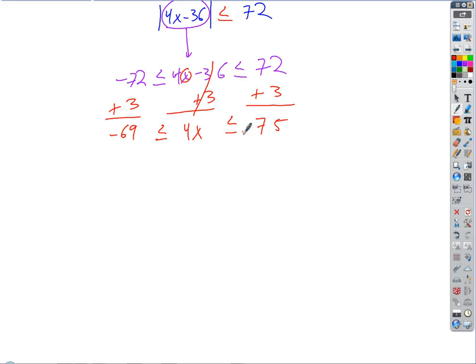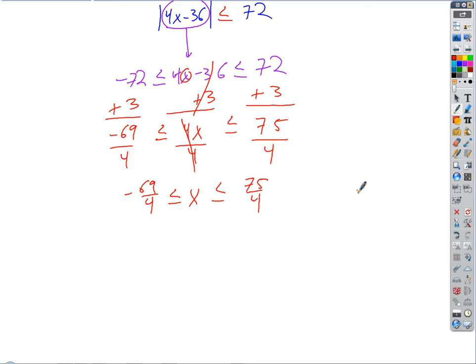Then I'm going to divide everything through by 4. And so we get x is greater than or equal to negative 69 fourths and less than or equal to positive 75 fourths, and I can't reduce those. So it looks like that's my answer.